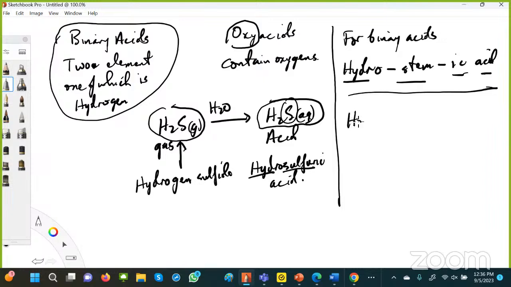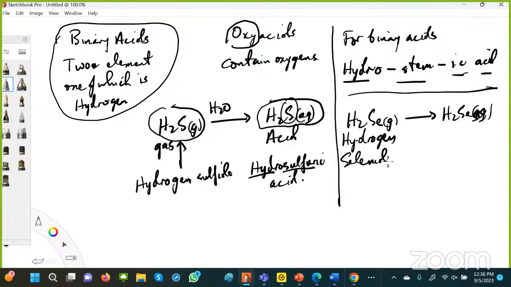Another example would be H2Se, which is a gas, again, which when added to water forms H2Se aqueous. So this is called hydrogen selenide. And this is now called hydroselenic acid. All right. So that's basically how we go about naming binary acids, I should say.